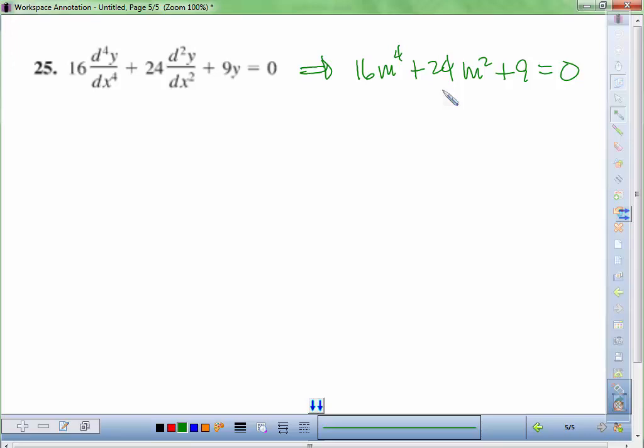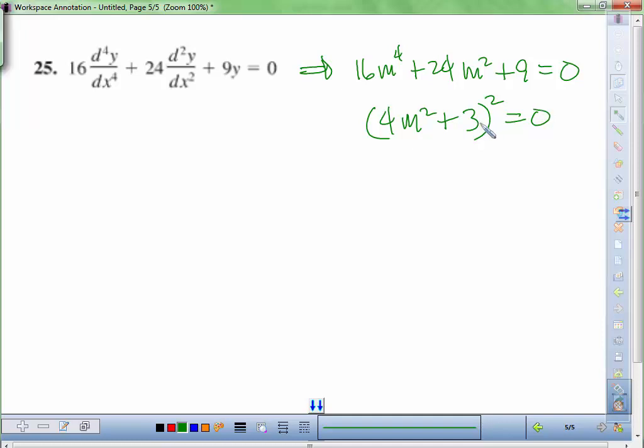Can we factor this is my question. 4m squared plus 3, squared. That's what I was trying to say when I said 4 and 3 and 2 times 4 times 3. So it looks like we're going to have double roots.